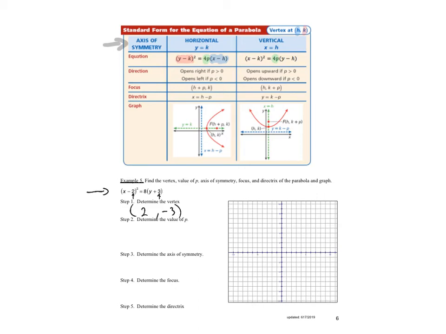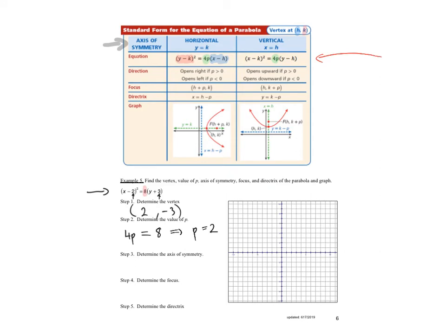Now we need to find the value of p. This time we're not reading it off from the graph, we're reading it off from the equation. Comparing, 4p should be equal to that 8. If we look up to our equation, that coefficient multiplying the y bracket is always 4p. So we get 4p equals 8, and therefore p is equal to 2.